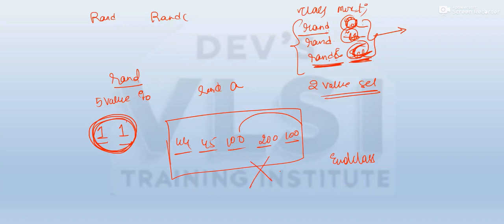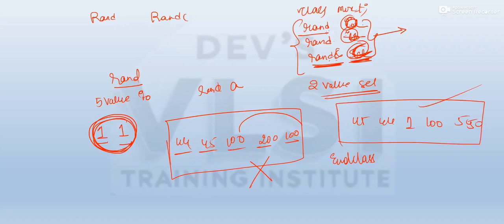This type of values I don't want. I want unique values, like 45, 44, 100, 550. If I want unique numbers, then I will go for randc. That is the difference between rand and randc.